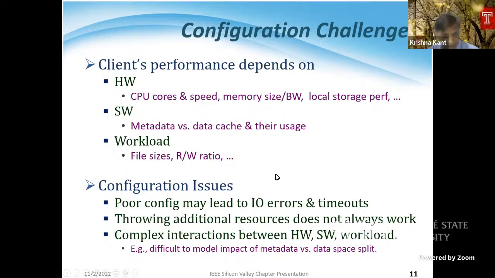And then, of course, the characteristics of the workload. And it's clear that if you don't configure these things correctly, then you will have all sorts of problems. For example, IO errors and timeouts and high latencies and so on. And it turns out that just randomly throwing resources at the problem doesn't really work like that.